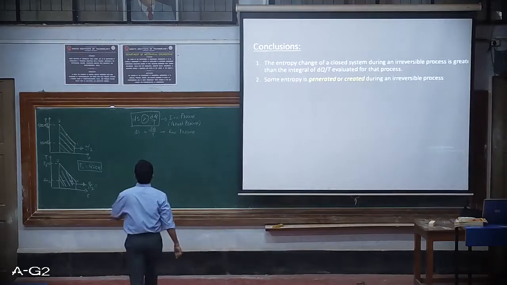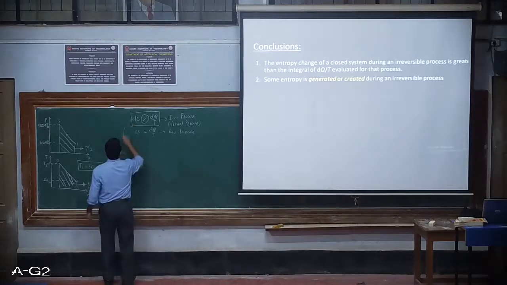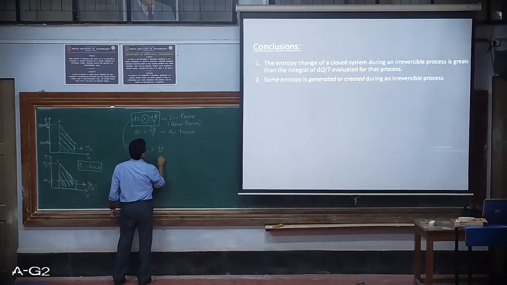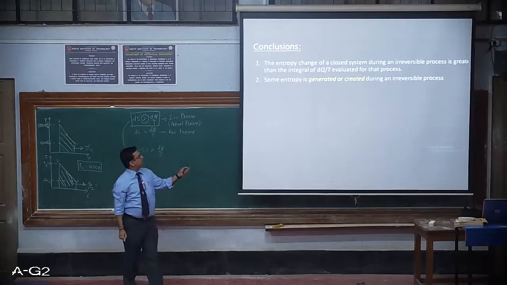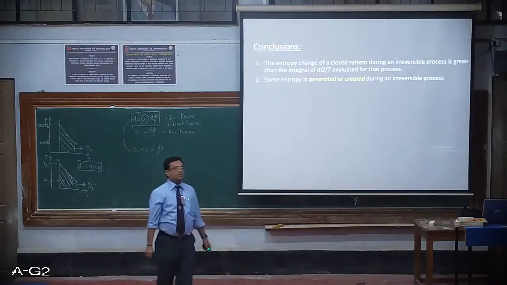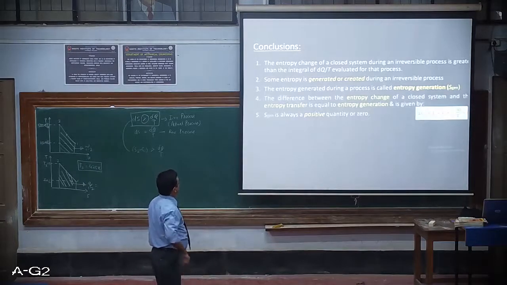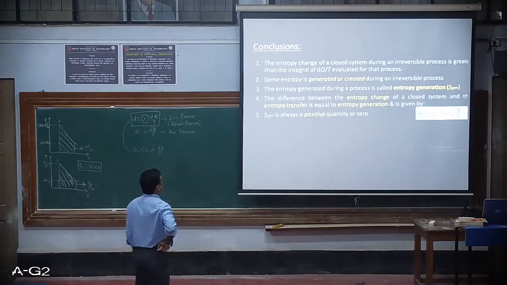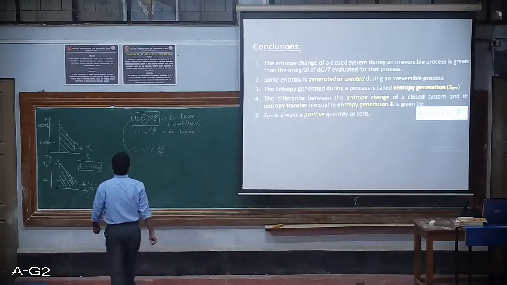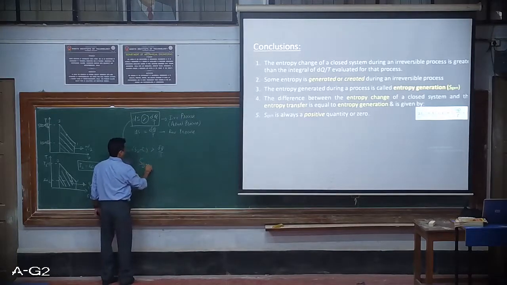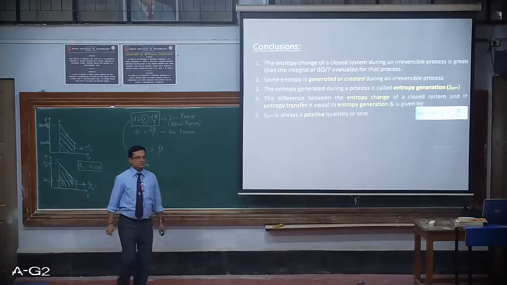The change in entropy being greater than entropy transfer delta Q by T implies that some entropy is generated or created during an irreversible process. The entropy generated during a process is called entropy generation, given the symbol Sgen.